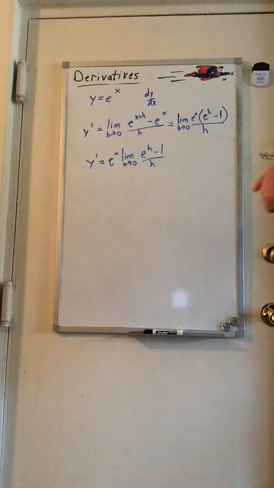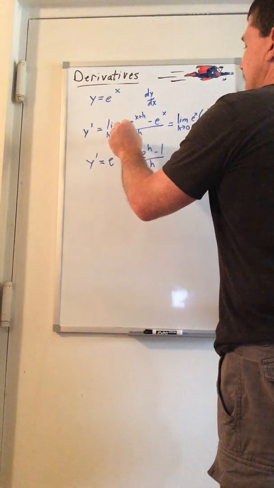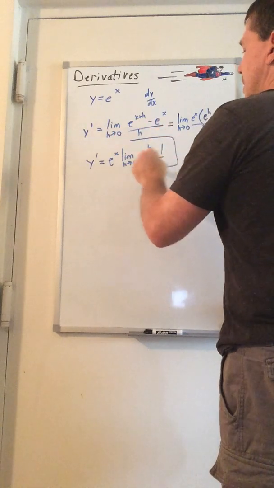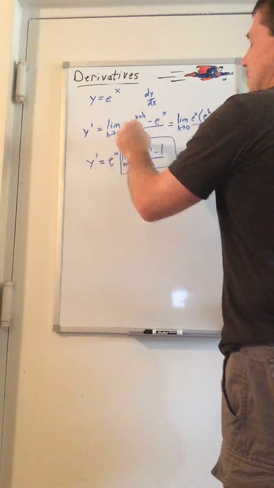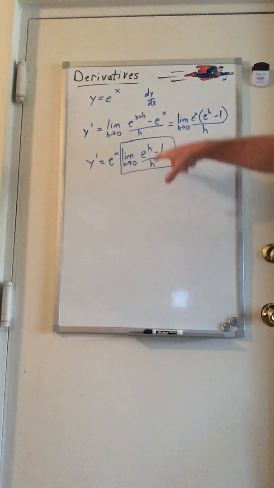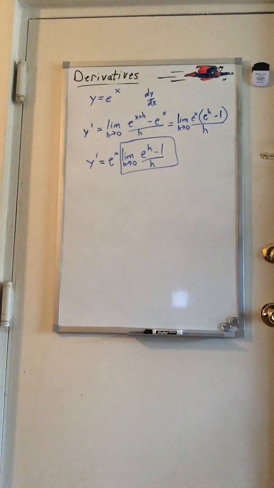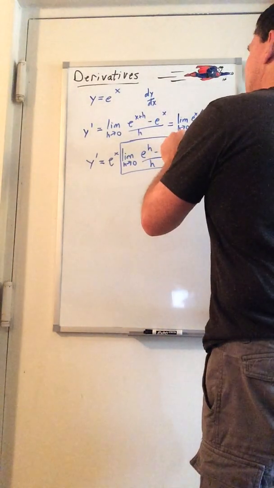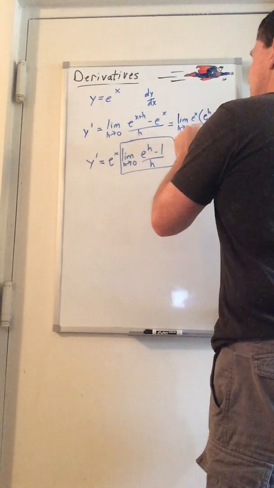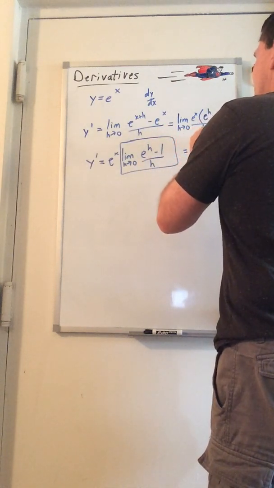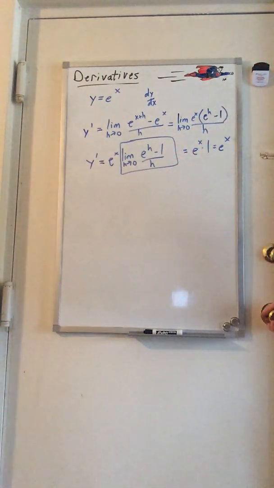But if we do that, this whole limit right here, if you just plug values into a calculator as h gets really small, you'll see that it actually approaches 1, which means this is equal to e to the x times 1, which is just e to the x.